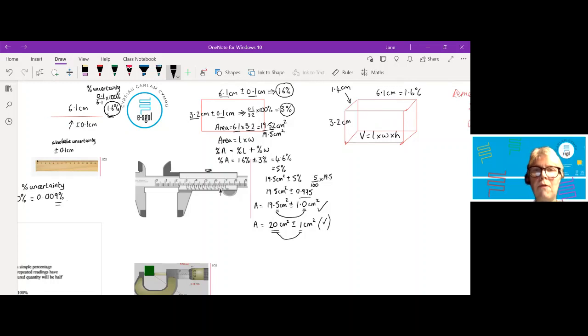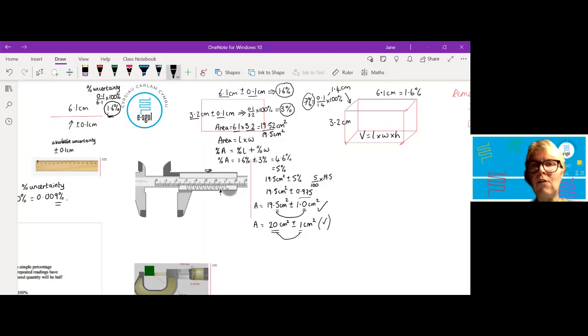So 1.4 is slightly different: 0.1 divided by 1.4 times 100% equals 7%. Remember, I can only add percentage uncertainty, so I've got to go through this laborious process of working out the percentage uncertainty each time, and so will you.